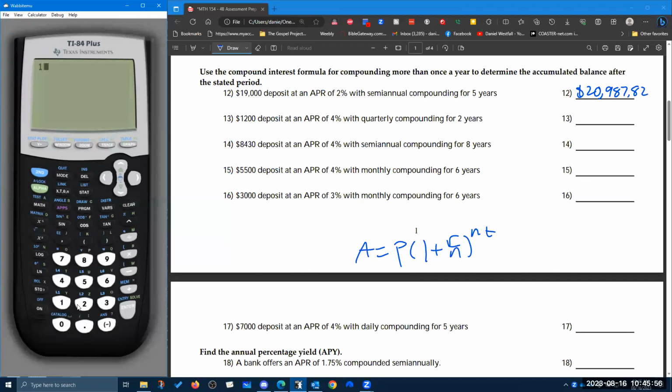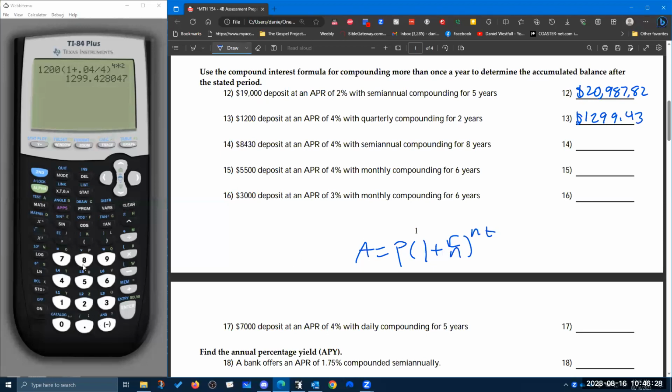So let's go ahead and do $1,200, 1 plus 4%, and it's compounded quarterly, so that's going to be divided by 4 raised to the 4 times 2, which is going to be $1,299.43.